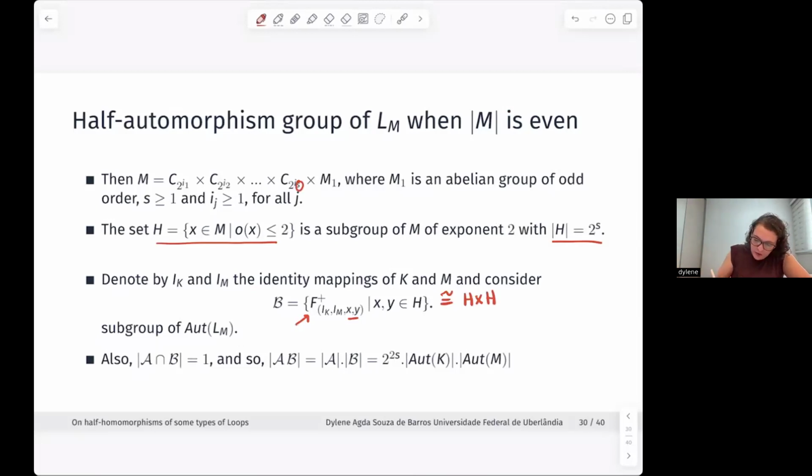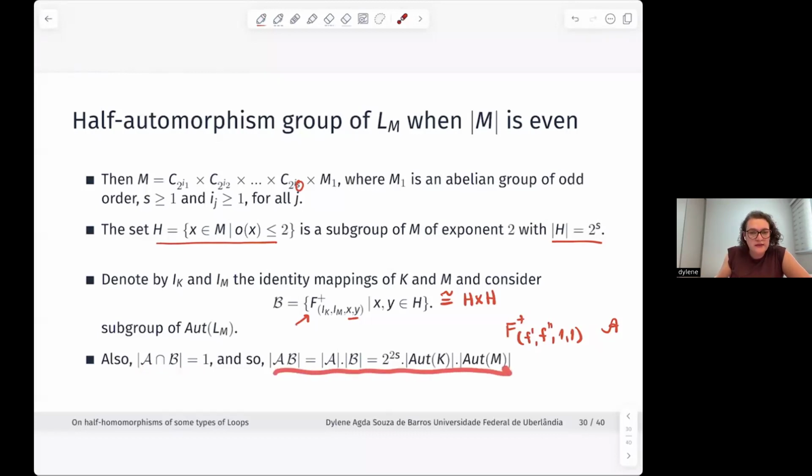Also remember group A, where we use capital F, F prime, F2 prime, 1, 1. That's the calligraphic A. So this intersection is just 1.